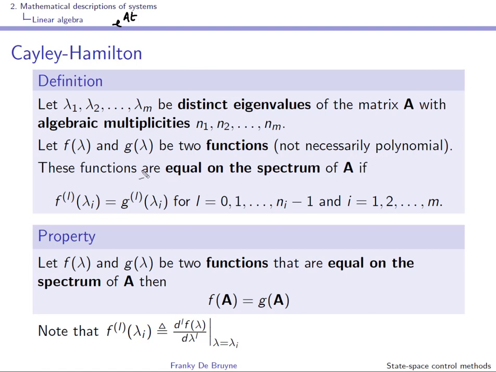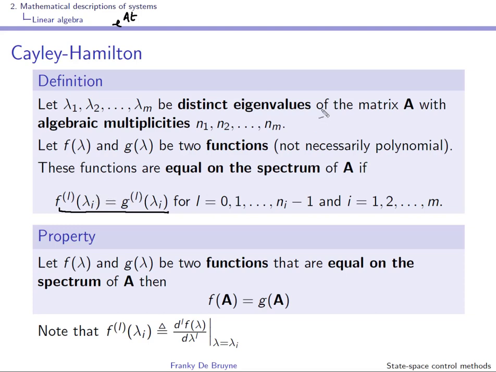We say that these functions are equal on the spectrum of A if the following relations hold. They must be equal on the eigenvalues, and if the eigenvalues have a given multiplicity, they must be equal also on the derivatives.